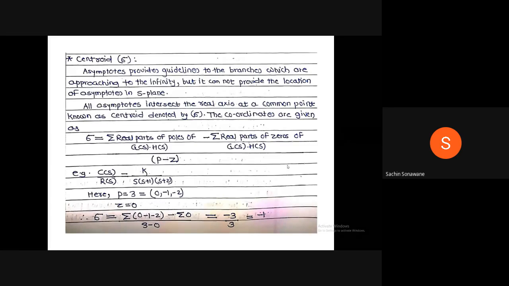The coordinates are given as sigma is equal to the summation of real parts of poles of G(s)H(s) minus the summation of real parts of zeros of G(s)H(s), divided by P minus Z. For example, C(s) upon R(s) is equal to K divided by s into (s plus 1) into (s plus 2). Here P is equal to 3, that is 0, minus 1, minus 2. Z is equal to 0. Therefore, sigma is equal to the summation of 0 minus 1 minus 2, minus the summation of 0, divided by 3 minus 0, which is equal to minus 3 divided by 3, which is equal to minus 1.